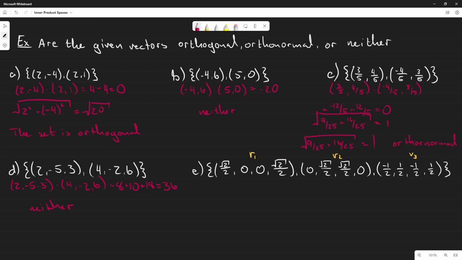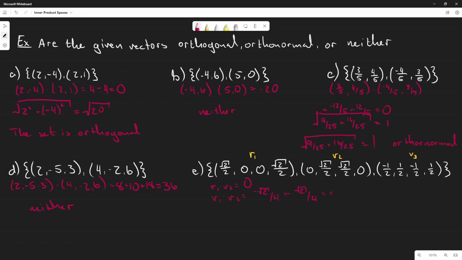And so V1 dotted with V2, we will get that this is equal to 0. V1 dotted with V3 will give us negative root 2 over 4 plus root 2 over 4.